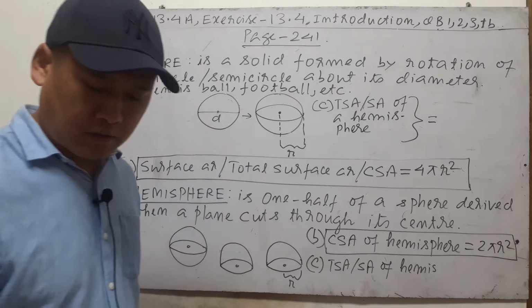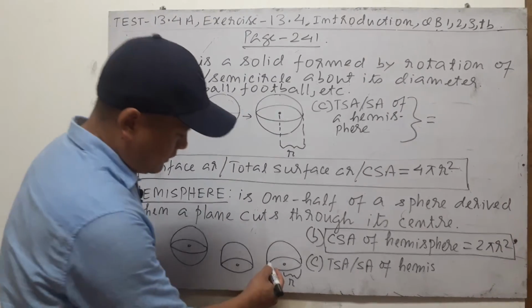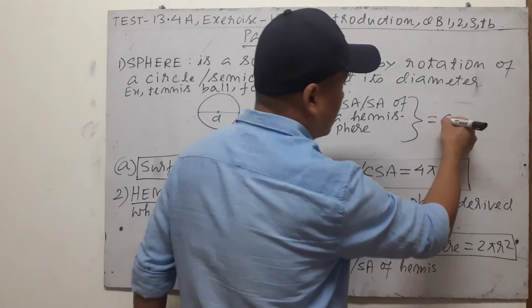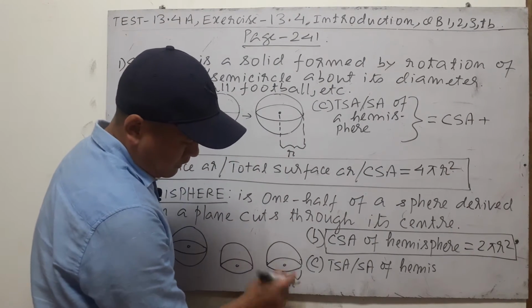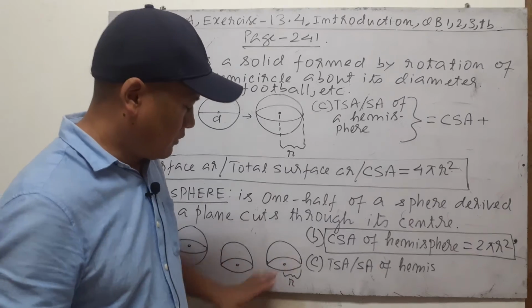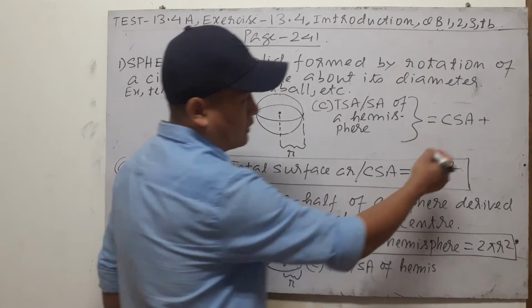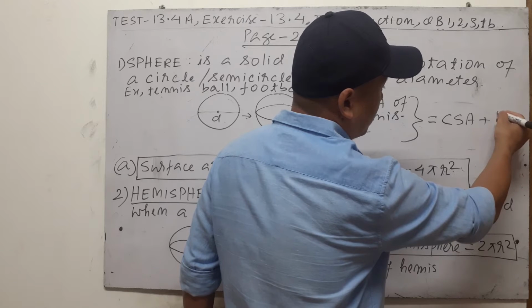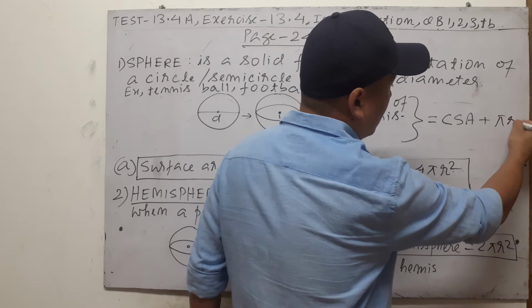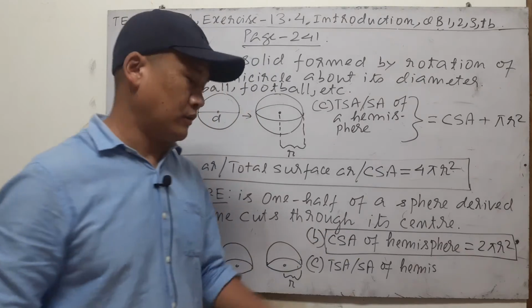Now see here, this part is the curved surface area, so we write there curved surface area, plus this is the flat part, like I've previously showed you. So this flat part is circular, so area of a circle is pi r square.